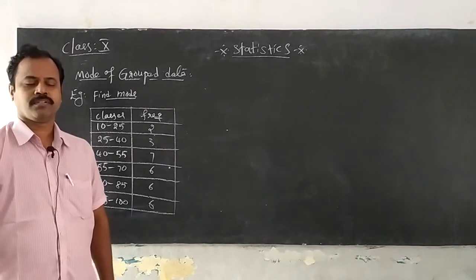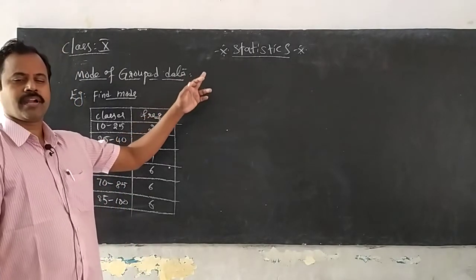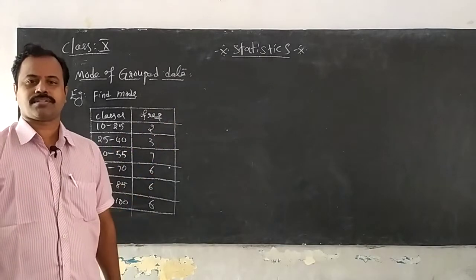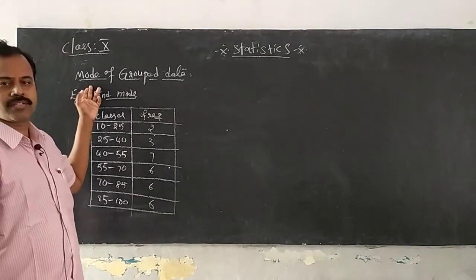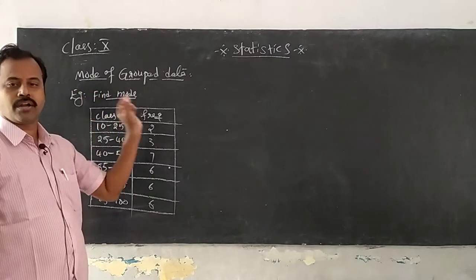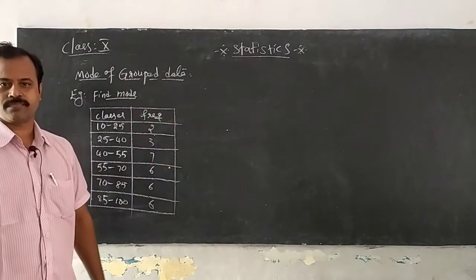Okay. So, we were discussing the topic statistics, and we are about to enter the second exercise. Before entering, in the previous video, we discussed the mode of raw data and the mode of an ungrouped frequency distribution.